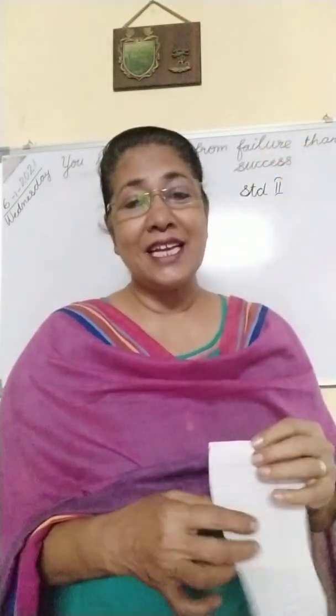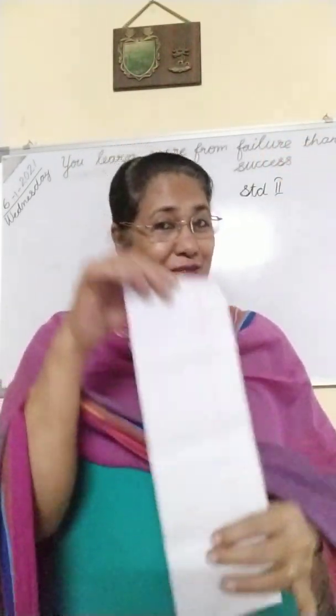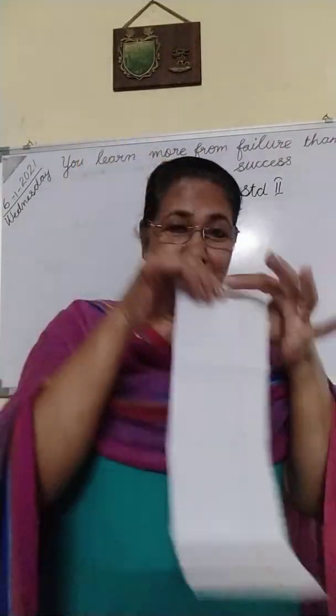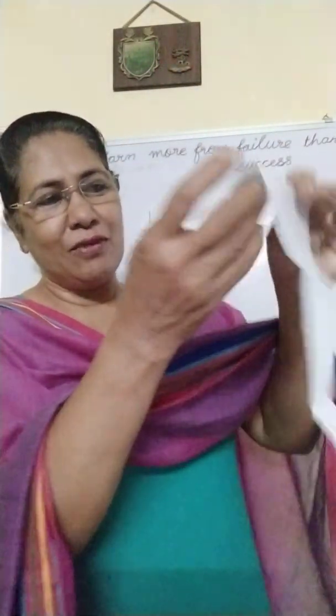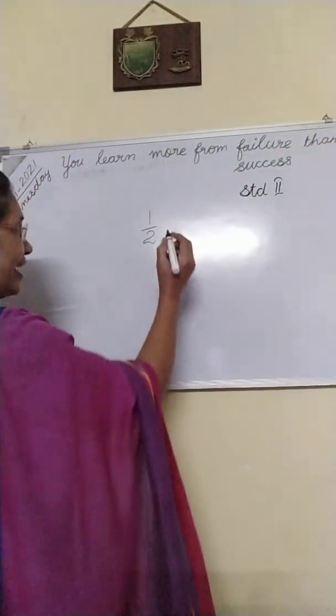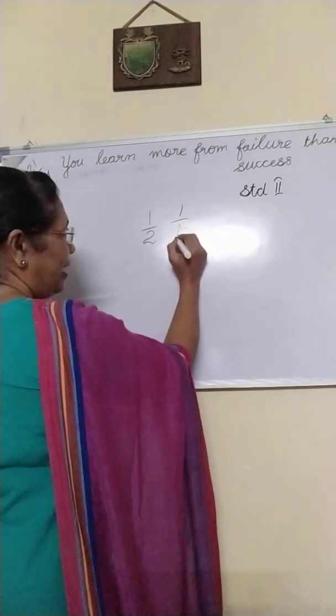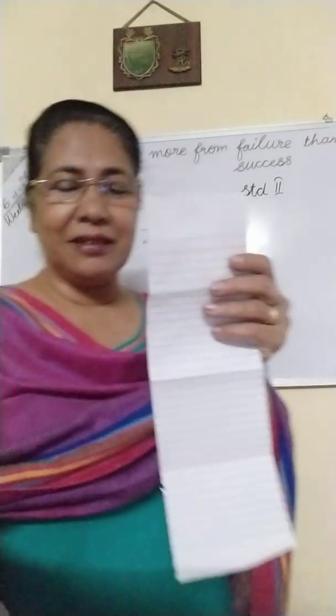So how do you write it as a fraction? First we'll write 1 full paper, the complete paper. And how many portions did we make it into? 4 portions. So how do we write that? 1 by 4.